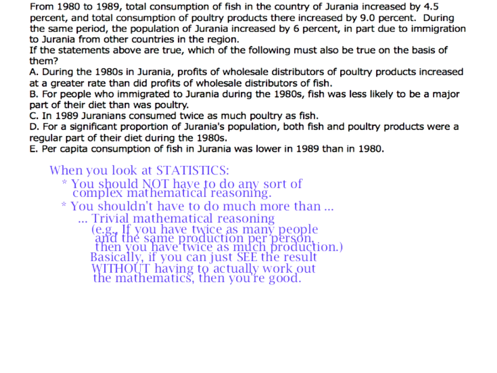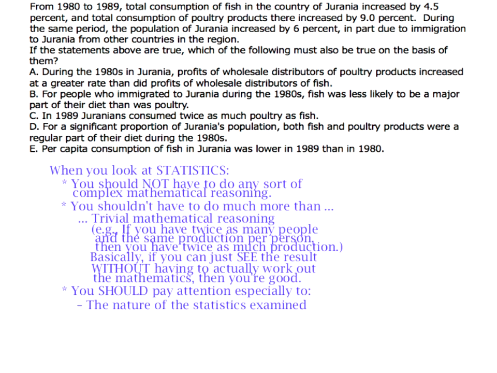Okay, what you should pay attention to is two things. Number one, the nature of the statistics being chosen. For example, a per capita statistic is much different from a total statistic, so those differences are especially notable.